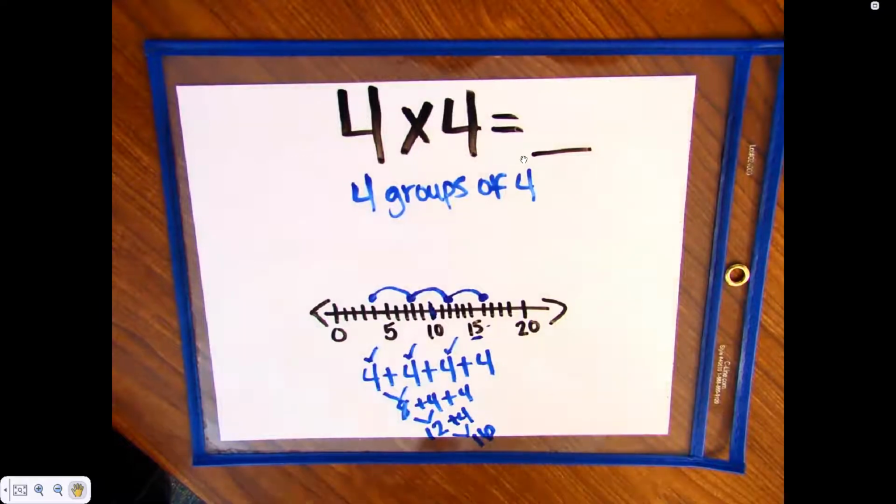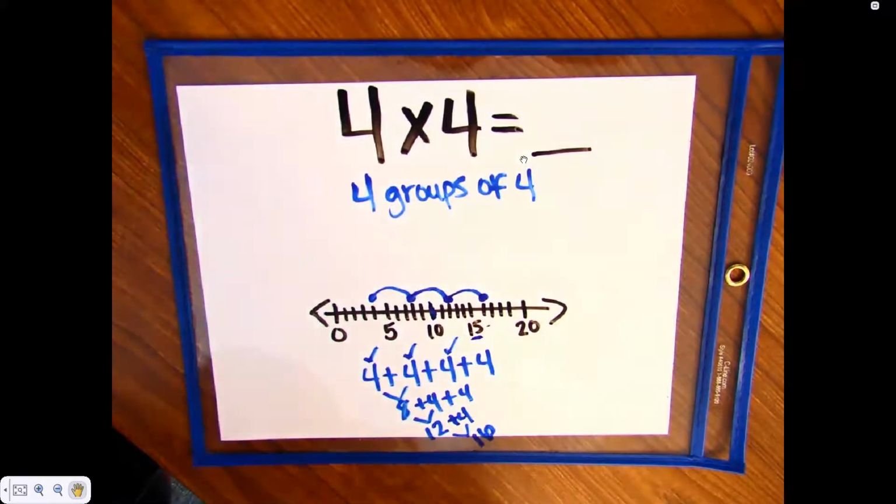Okay, you could skip count by 9. What's another number? Y'all are missing an easy one. What's one you could skip count by? 2s. By 2s, right? You can skip count by 2s.